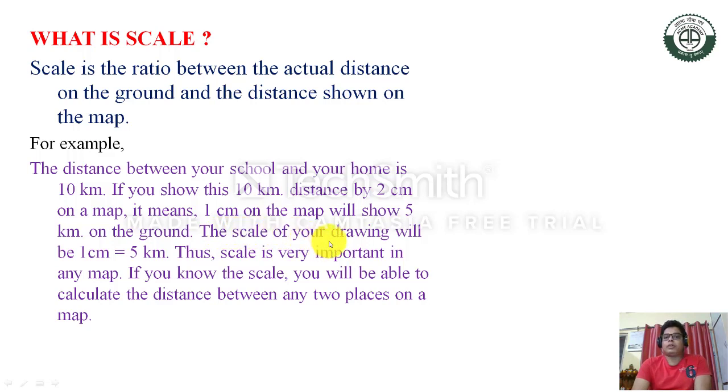The scale of your drawing will be 1 centimeter is equal to 5 kilometer. The scale is very important in any type of map. If you know the scale, you will be able to calculate the distance between any two points. We'll discuss this later.